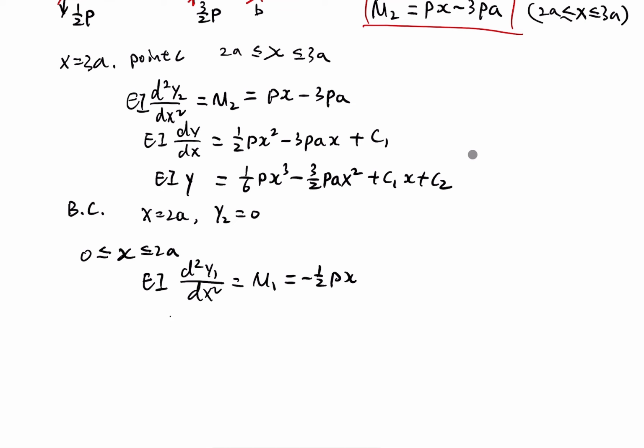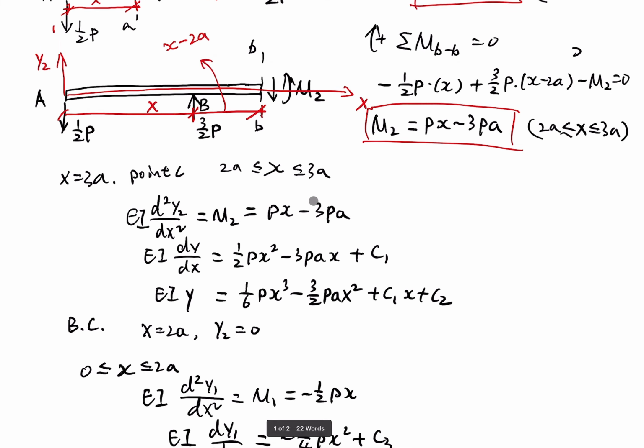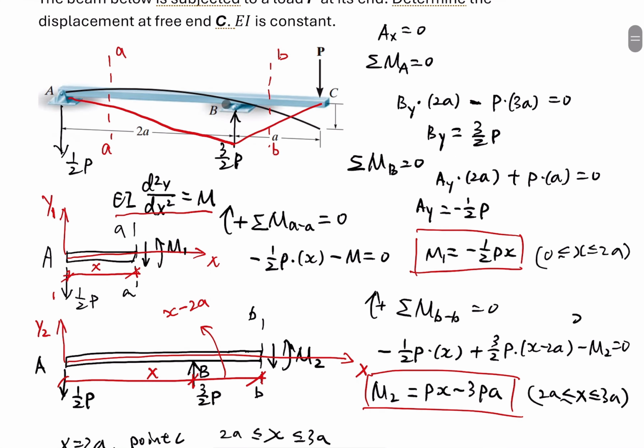By double integration, we have EI dy1/dx equal to a quadratic expression plus constant C3, and second integration we have EI y1 equal to 1/12 Px³ plus C3 x plus C4. We have two more unknown constants, C3 and C4.